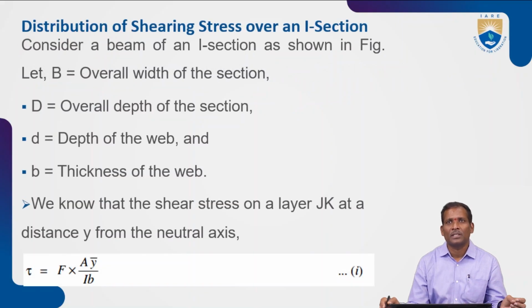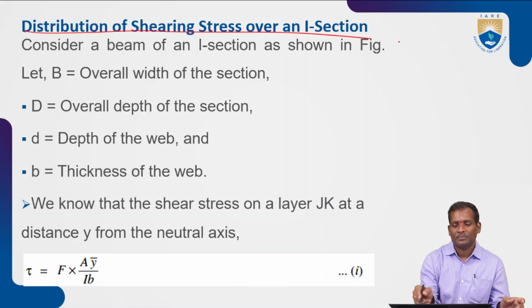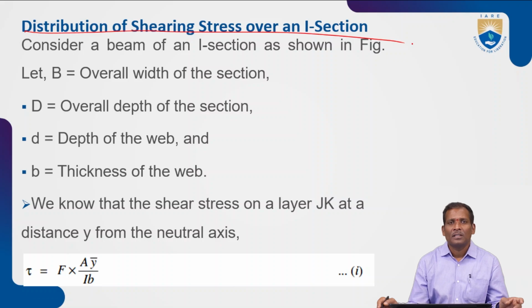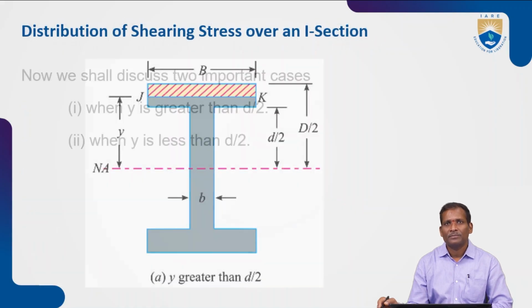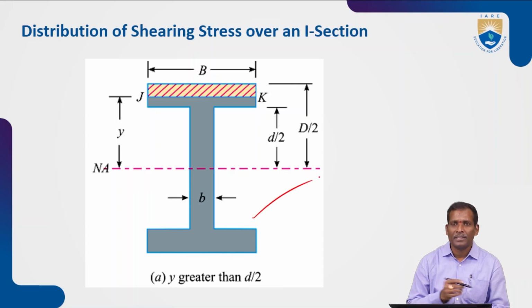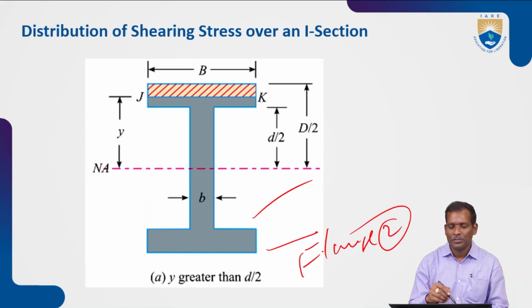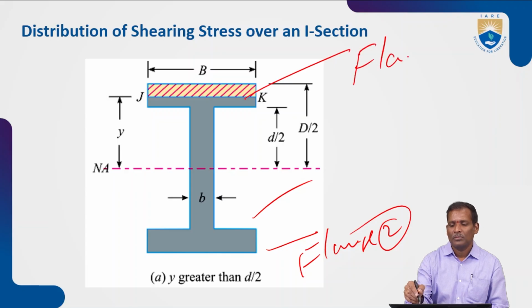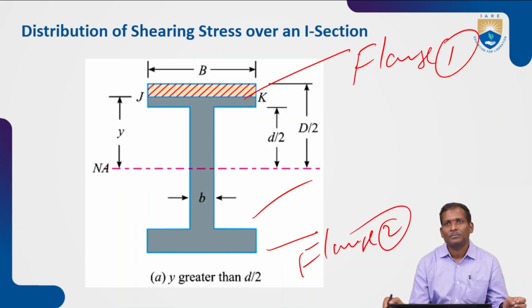Now we will see the distribution of shearing stress over an I section. Consider a beam of an I section as shown in the figure. This is the I section beam. These two are flanges, flange 2 and flange 1.